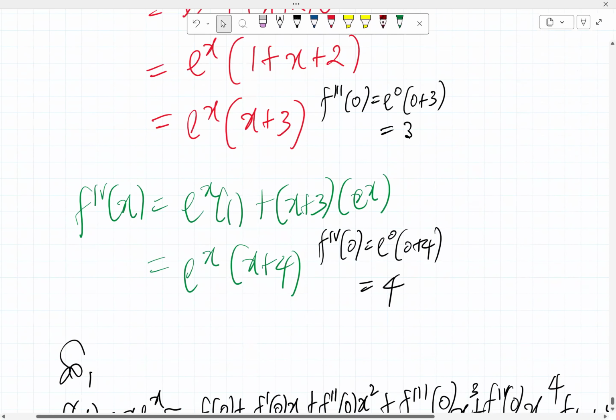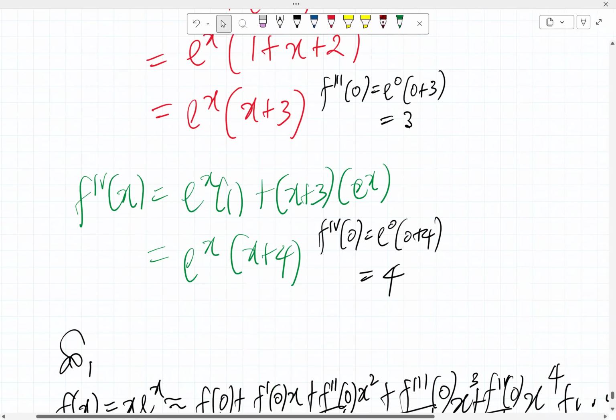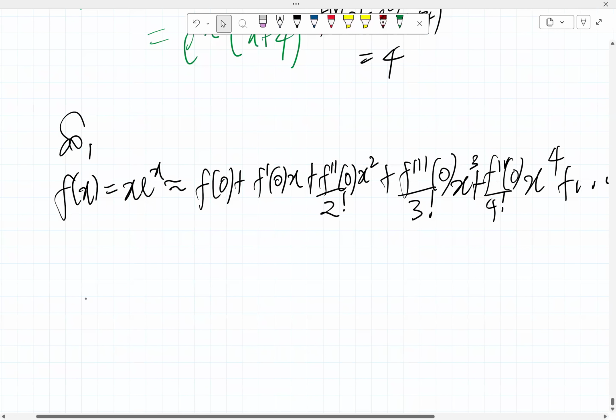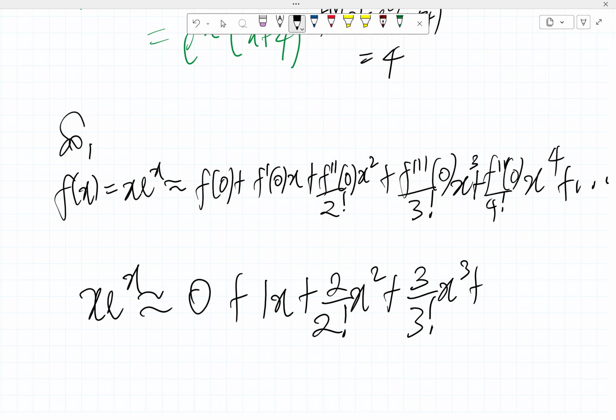So we've seen already that f of 0 is 0, straight up, for x e raised power x. So that means that x e raised power x is approximately 0 plus f prime of 0 is 1. So we have 1x plus f prime prime of 0 is 2 over 2 factorial x squared. The third derivative, that's 3 over 3 factorial x cubed. Then the fourth derivative, that's 4 over 4 factorial x raised power 4 plus all that.